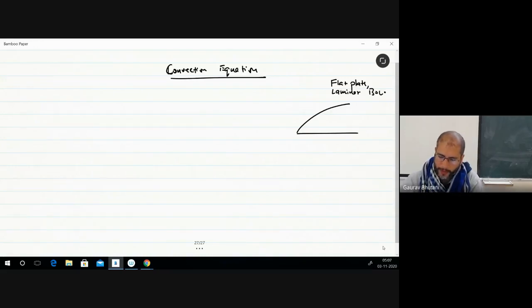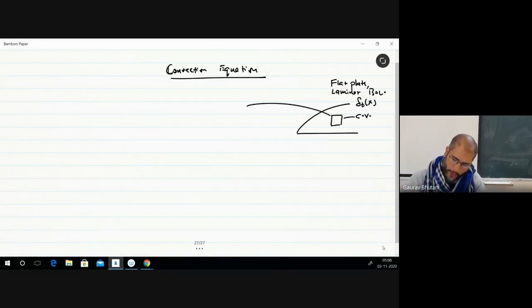So this is my thermal boundary layer. In this boundary layer region, I take a control volume. I'm talking about a 2D case; you can think of the third dimension as a very long dimension. We call this the control volume. We'll be doing the energy balance in this control volume, which is fixed in space.